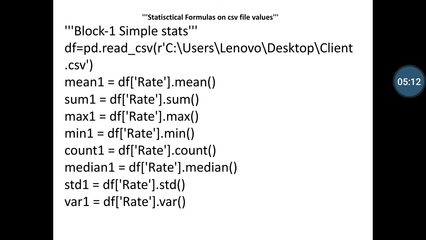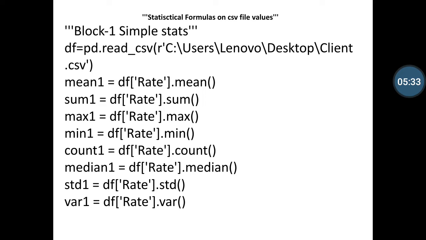And then I define some statistical formulas on the CSV file that I created. First of all, I divide it into two parts. Block 1 is for simple statistical formulas.